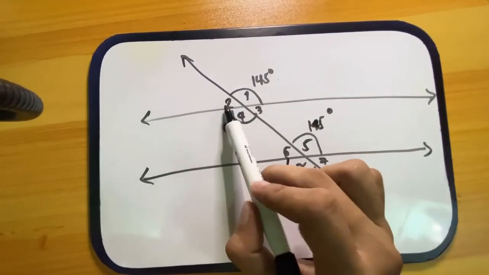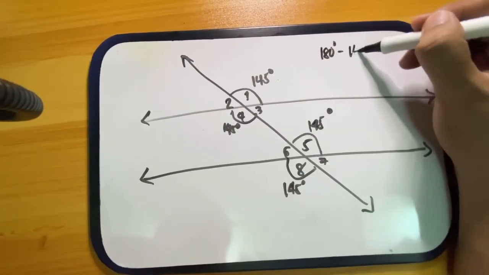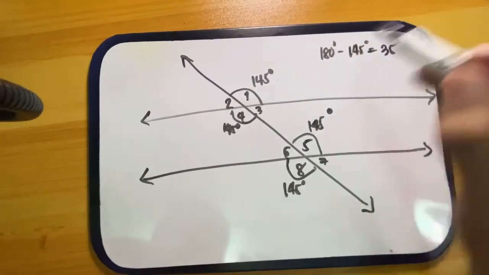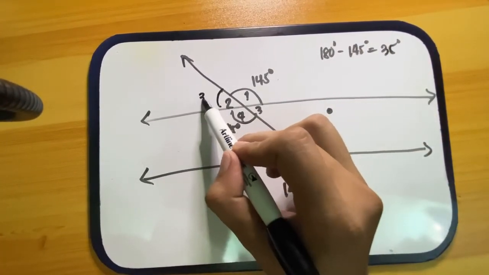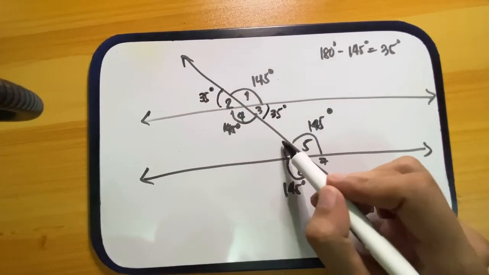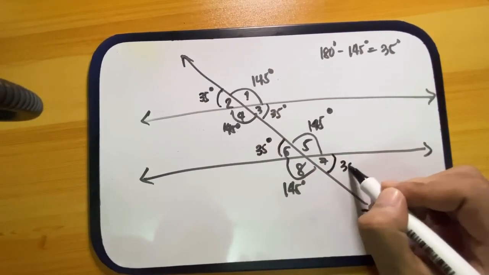And how to get the measurement of angle 2? Subtract 180 degrees minus 145 degrees. That is 35 degrees. So this is the measurement of angle 2. Also with angle 3, angle 6, and angle 7.